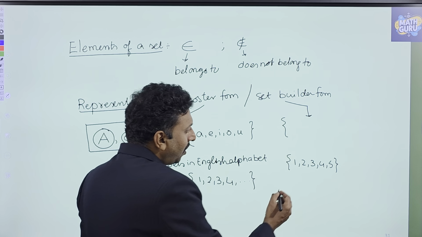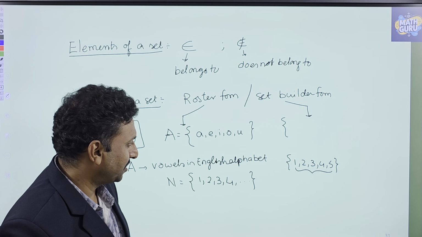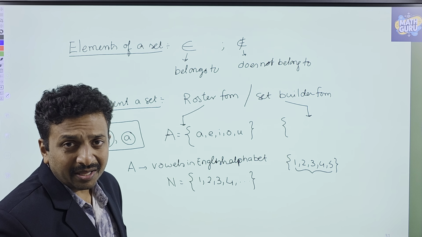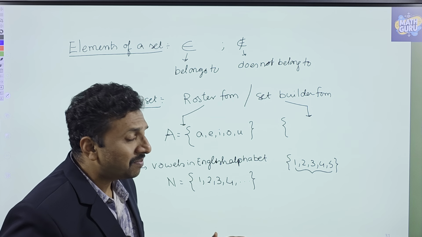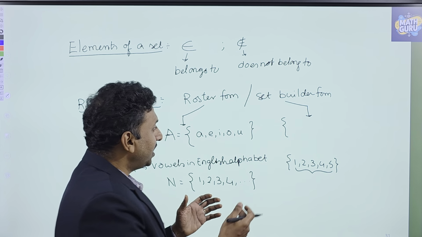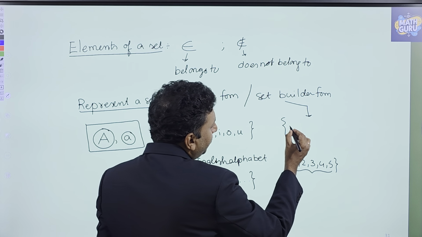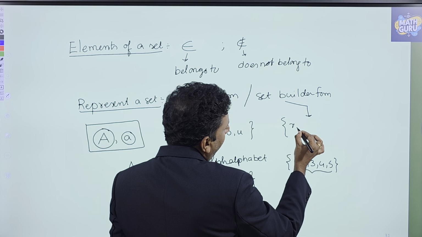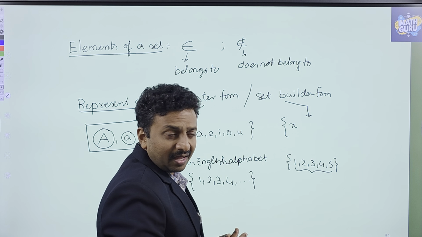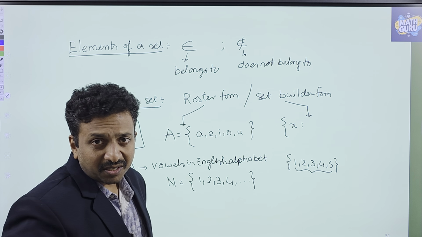I can clearly see that all these are natural numbers, but these natural numbers are not more than 5. The general way in which we write set builder form is we denote the element of the set as x, such that we write the property that x satisfies.